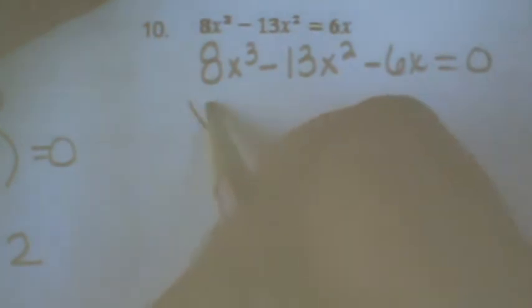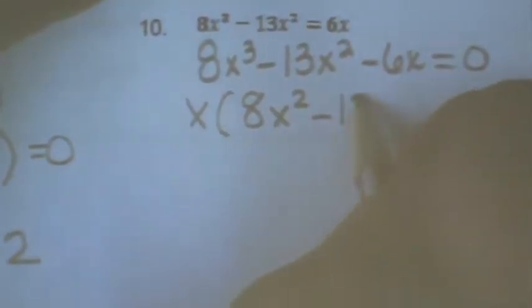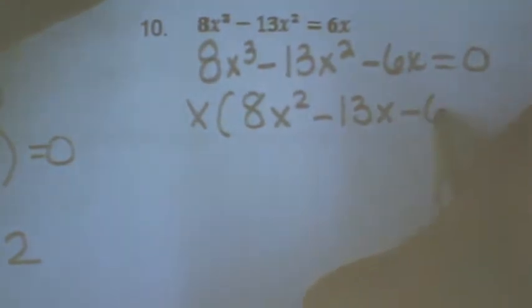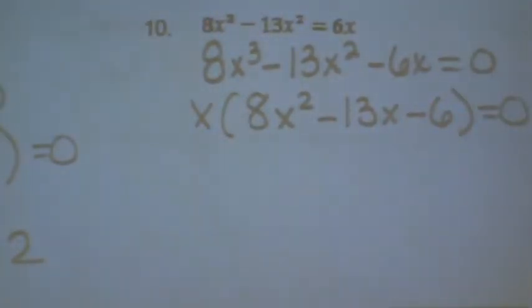For number 10, 8x cubed minus 13x squared minus 6x, set this equal to 0. The only thing I can take out is an x. So we have 8x squared minus 13x minus 6. Now, if you wanted to see if this is factorable, I would definitely try the AC method.